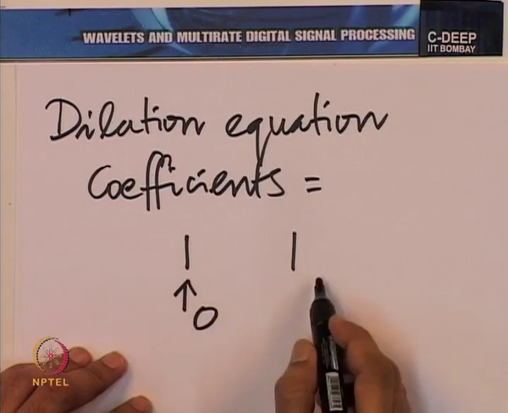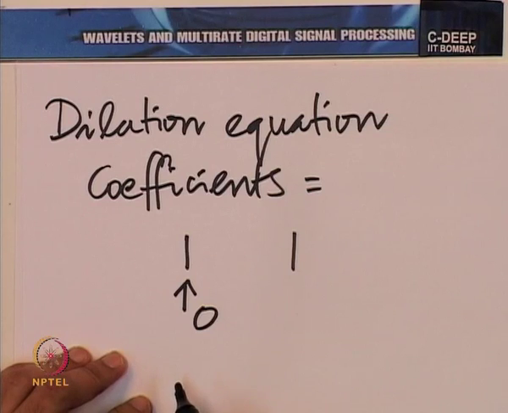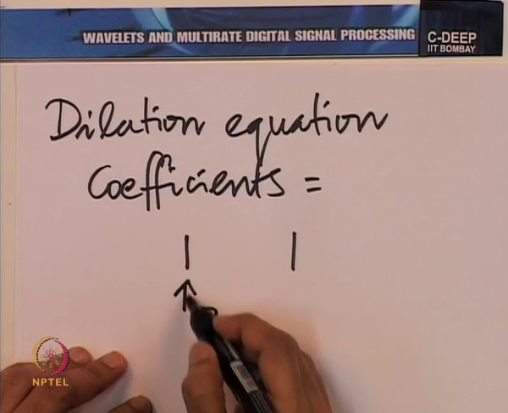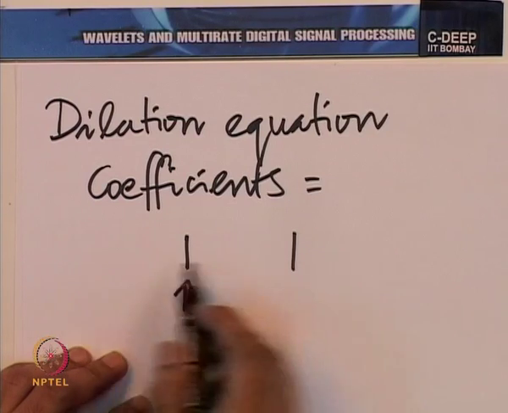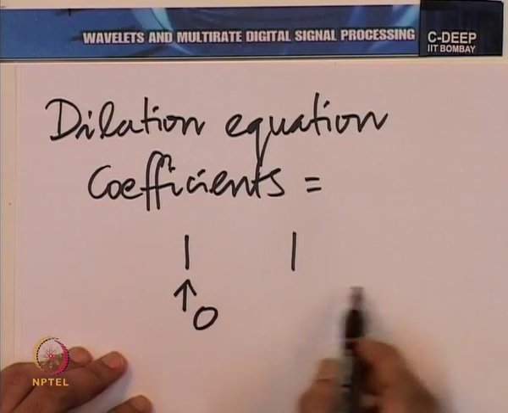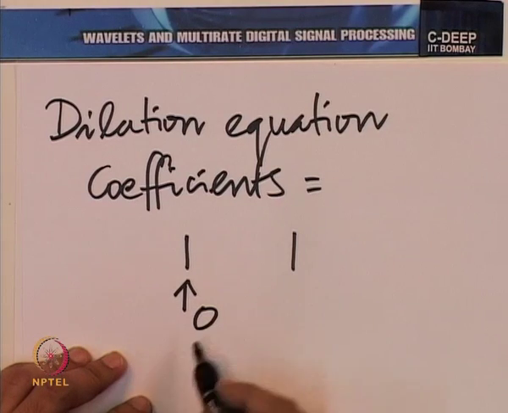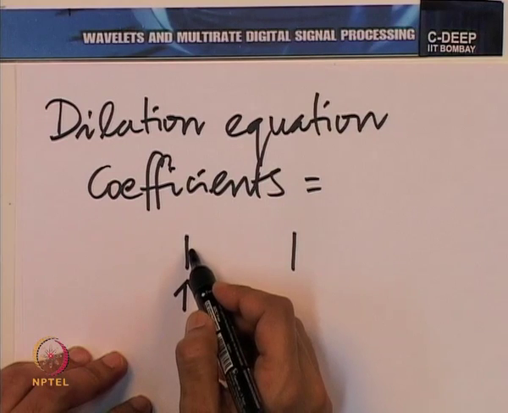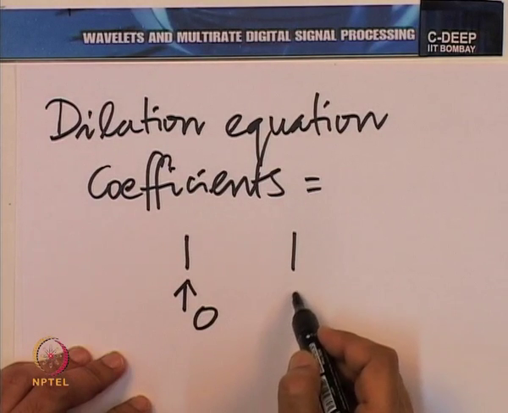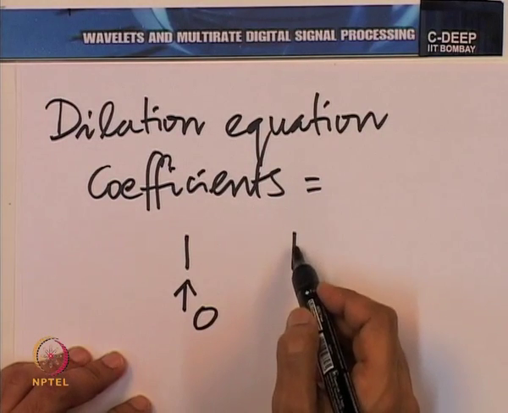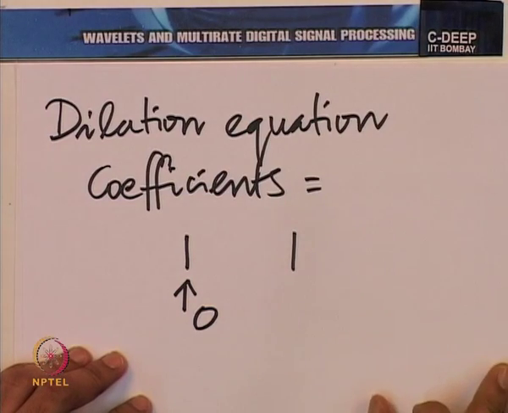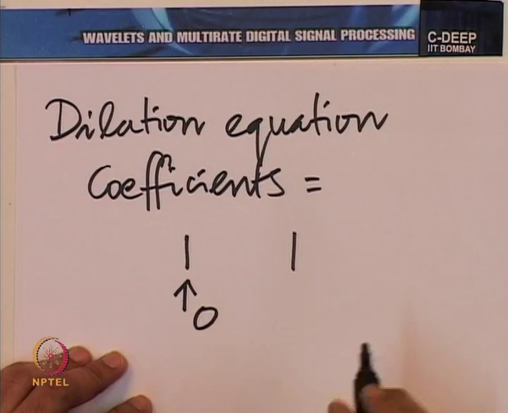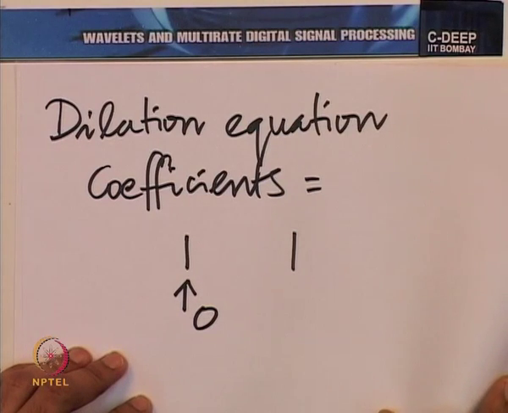This is a way of denoting a finite length sequence. The number below the arrow tells us the value at the point of the arrow, and all other numbers tell the value of the sequence at adjacent points. So, this for example means at n equal to 0, the sequence takes the value 1, and at the next point, which is of course n equal to 1, the sequence would take the value 1. So, this is the sequence corresponding to the dilation equation coefficients.